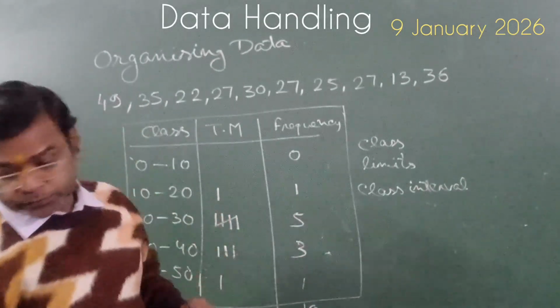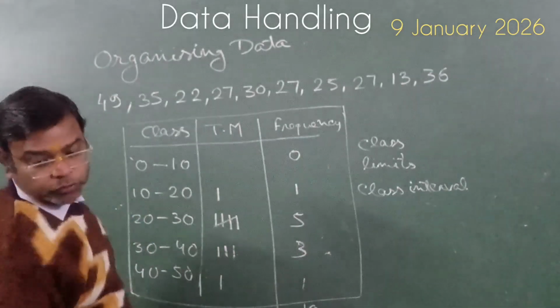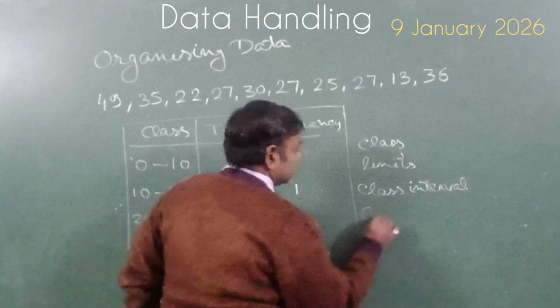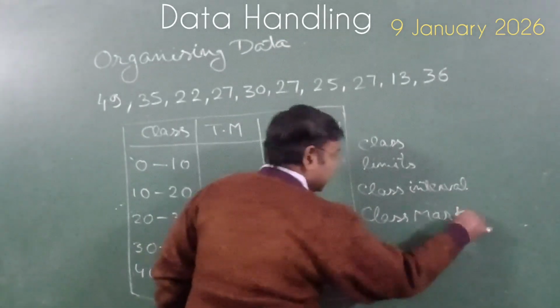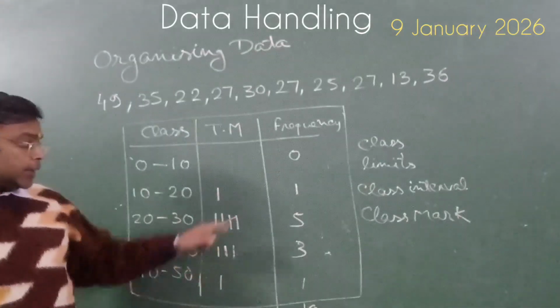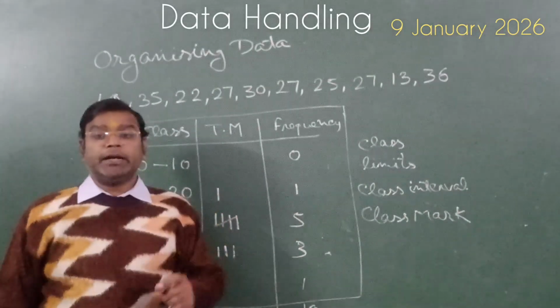Next one is your class mark. The most important thing is your class mark. We use all these criteria in class 9 and 10 also. The class mark is nothing but the mean of upper limit and lower limit.